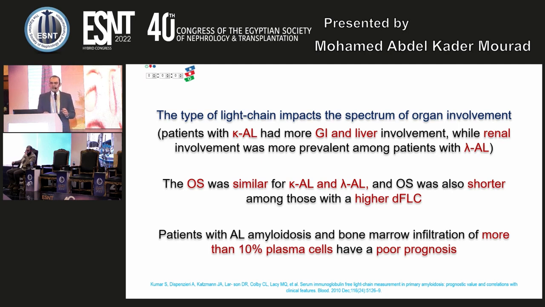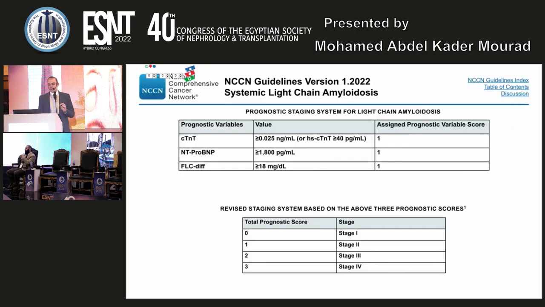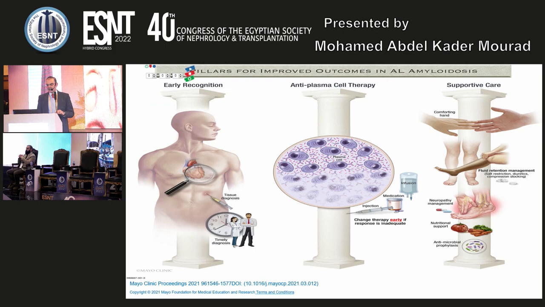The overall survival isn't affected by kappa or lambda, but it depends upon the higher free light chain ratio and also the percentage of clonal plasma cells in the bone marrow. The staging of AL amyloidosis depends upon cardiac troponin, N-terminal pro-BNP, and the difference between involved and uninvolved light chain, into stage 1, 2, 3, and 4.